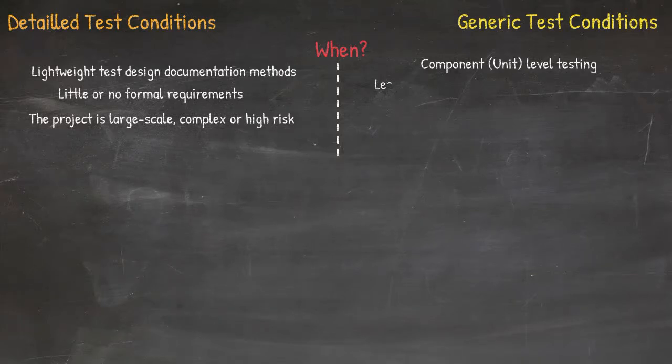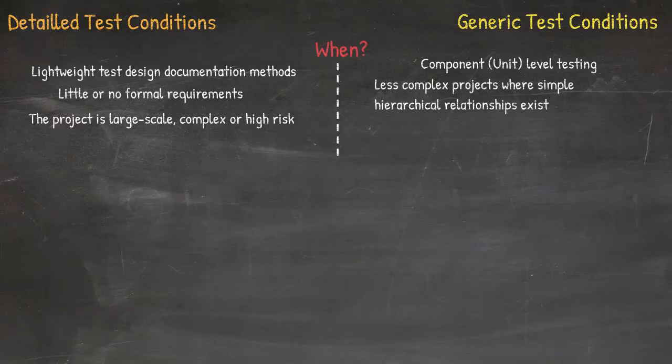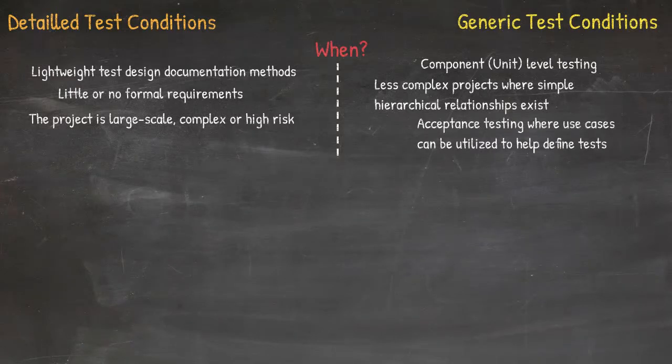Generic, mainly for unit testing in less complex or simple projects where hierarchical relationships exist, for acceptance testing where we utilize use cases, and for projects where documentation is rigorous and very well defined.